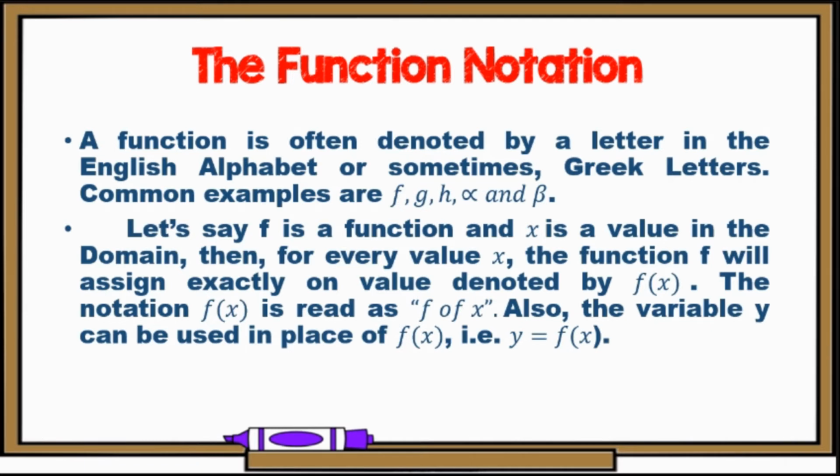Then, for every value x, the function f will assign exactly one value denoted by f of x. Sorry for the misspelled word, it should be 1. The notation f of x is read as f of x. Also, the variable y can be used in place of f of x, that is, y is equal to f of x.